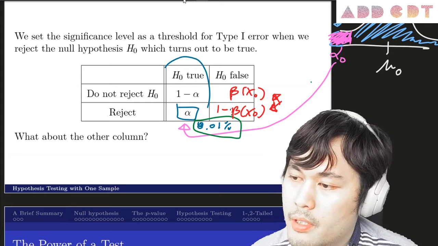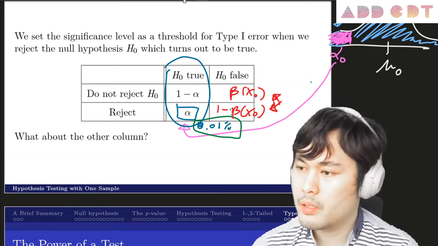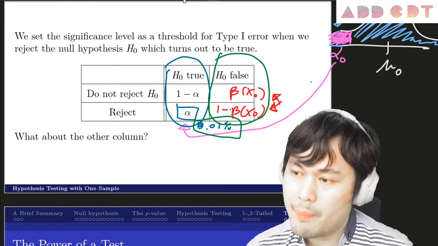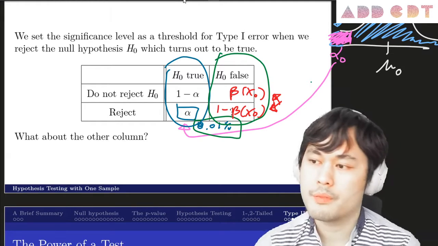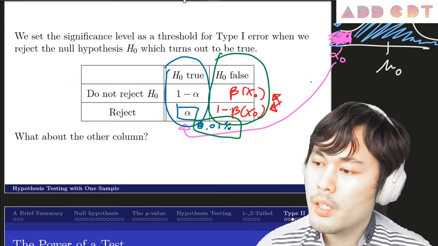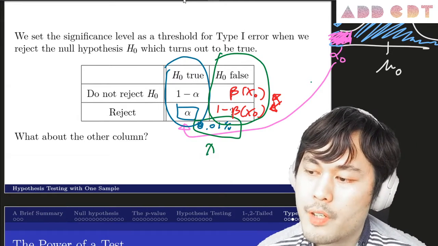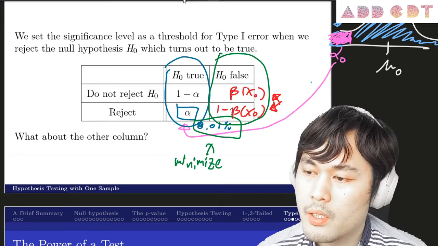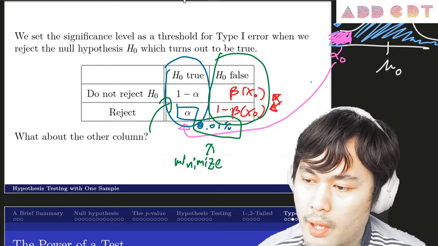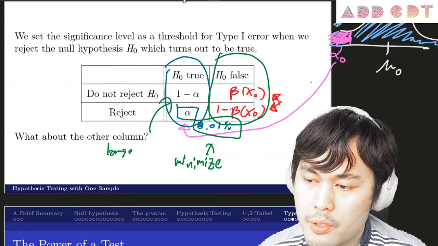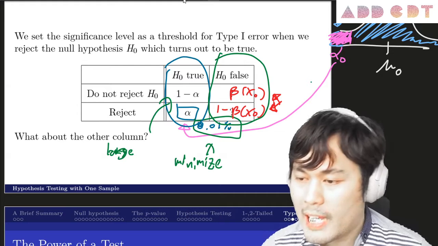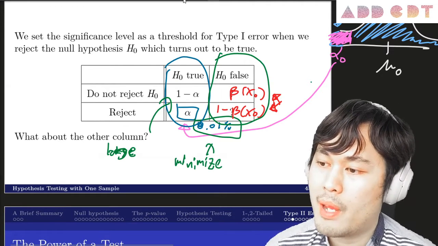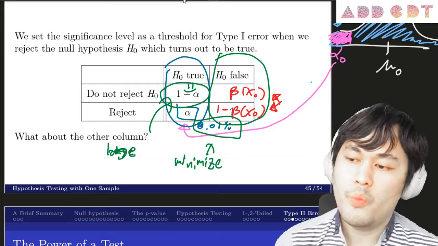So we have this one, which is what we have worked on so far, and this one is the new one. What happens if the hypothesis is actually false? So we want to minimize alpha. We want that alpha to be small, which means we want that to be large, close to 100 percent or large enough. Why? Because it is the part we are happy with. We are happy that we are correct.